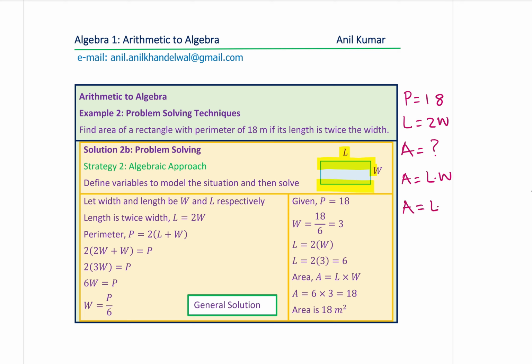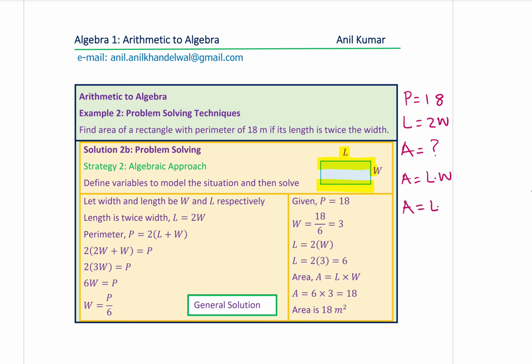You get it? So these are the thoughts which come to our mind when we look at a question like this. Correct? Now the question is, how do we figure out the width? Okay, we are given that the perimeter is 18. That is what is given to us. That could help. Yes, it can.